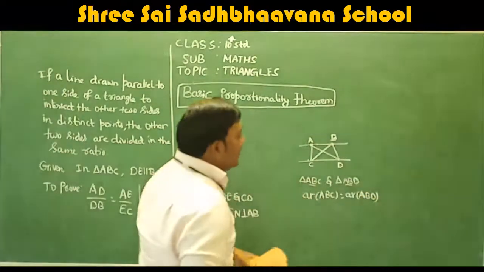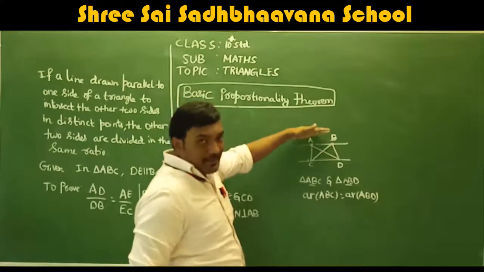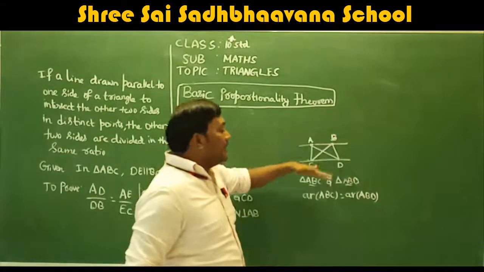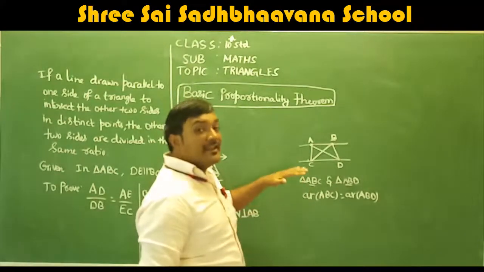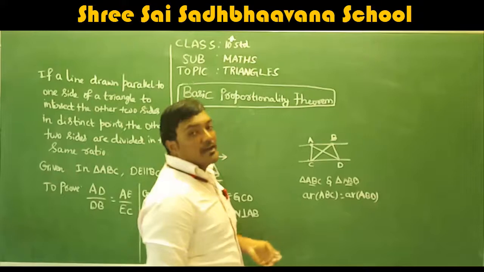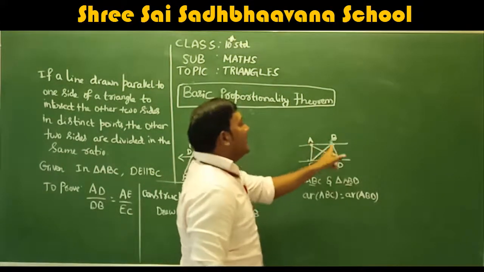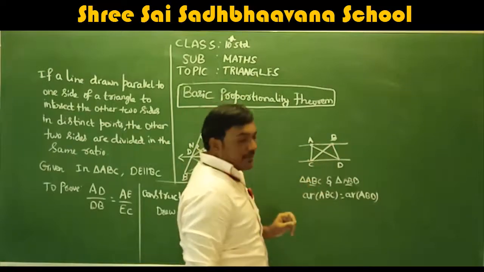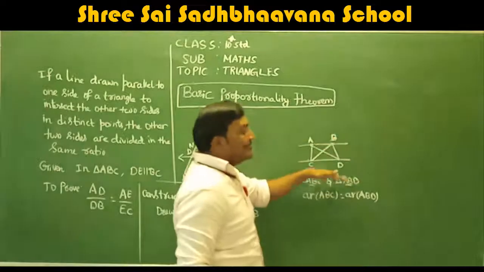Correct? So what I am trying to say is, any two triangles lying between two parallel lines and having the same base, the areas of those kinds of triangles are always equal. For example, ABC is one triangle, ABD is another triangle, both having the same base.